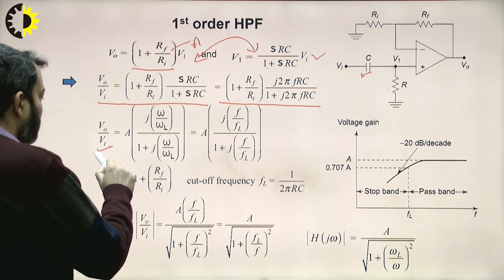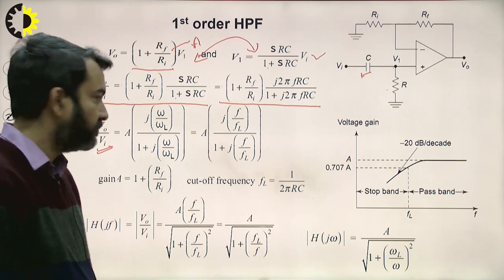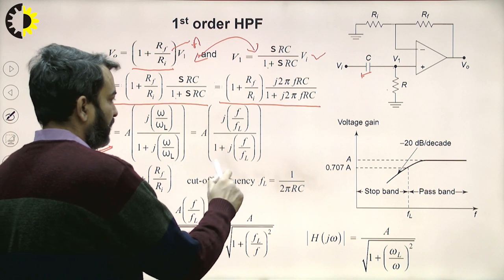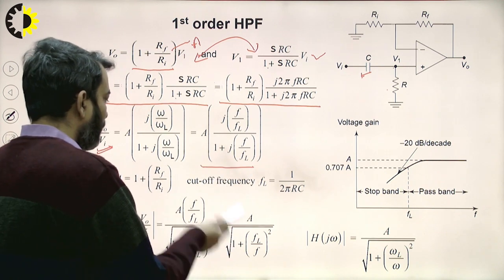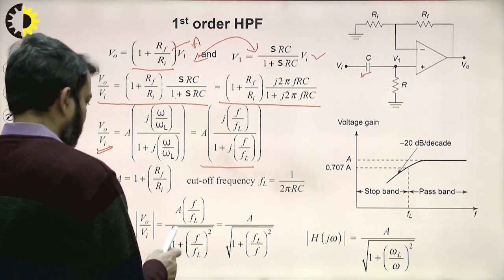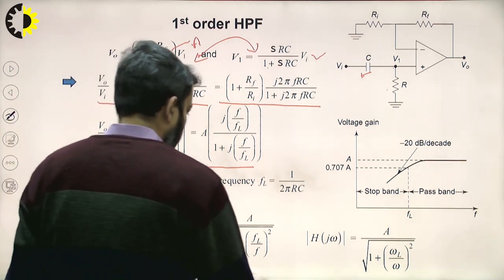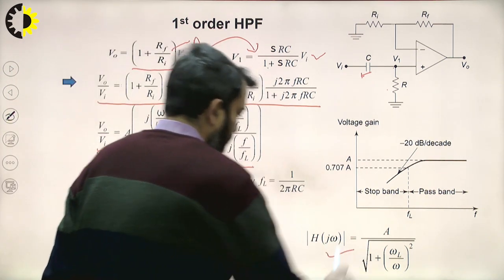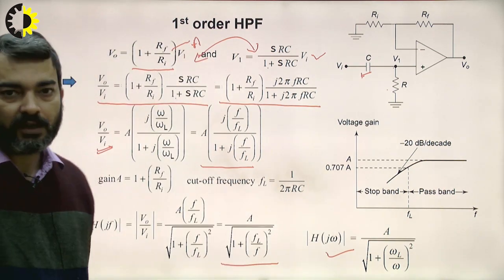And this is one compact notation that we can represent this high pass response in this format, but a better representation is this one or this one, in terms of omega, in terms of f.